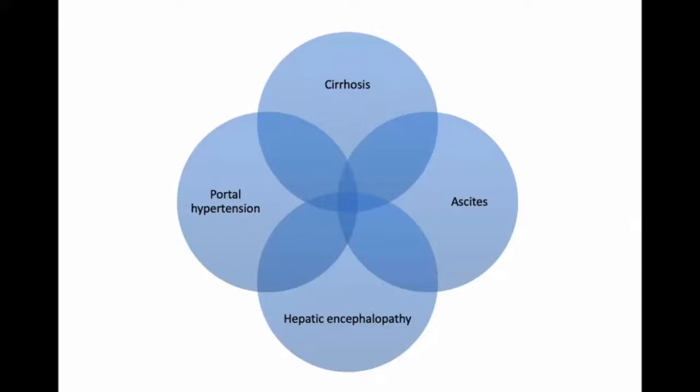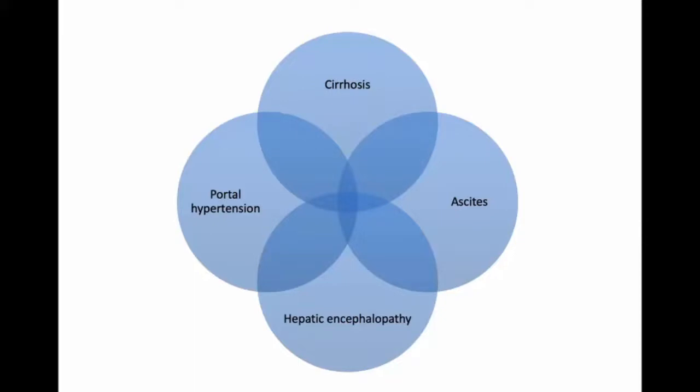I hope there is a separate lecture on cirrhosis for you in your GI module. So I'm talking about three circles here. When I take a particular circle, I will first talk about the individual circle, and I'll talk about the overlapping areas thereafter.